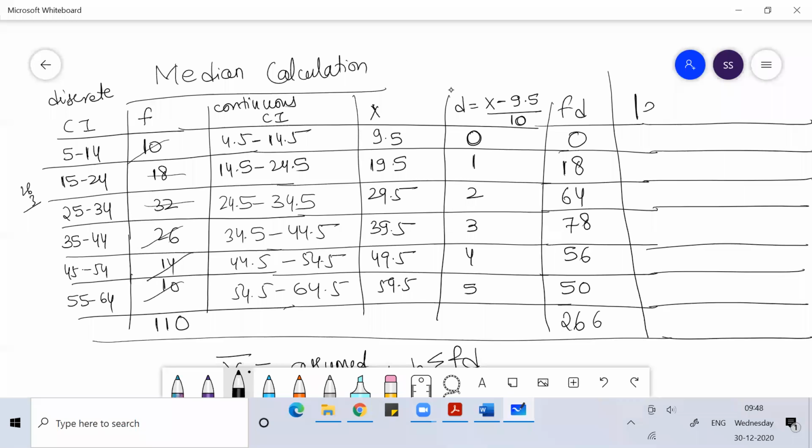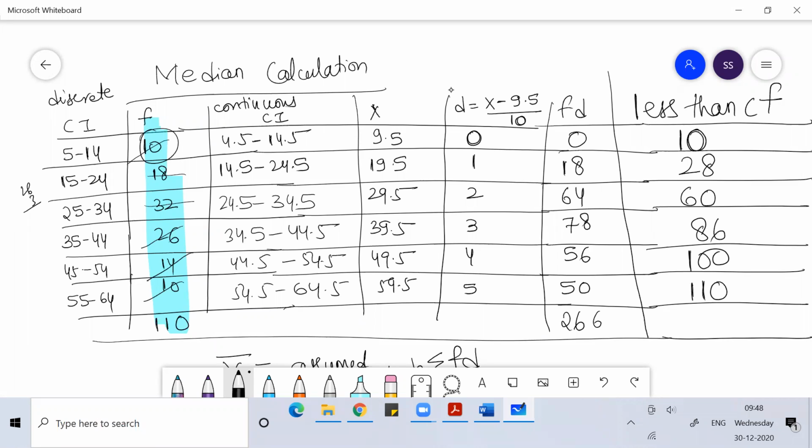So here, the less than cumulative frequency would be 10, then 10 plus 18, 28, then 28 plus 32, that would be 60. 60 plus 26, that would be 86. 86 plus 14, that is 100. 100 plus 10 is 110. Clear everyone?